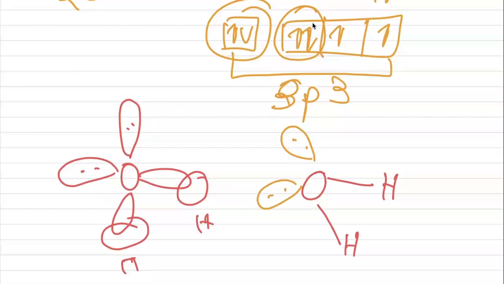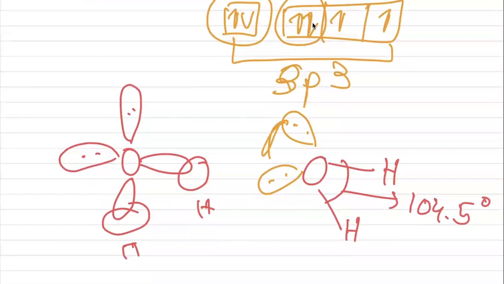And this bond angle becomes 104.5 degrees. Here there is also lone pair repulsion. The lone pair and lone pair repulsion is more than the bond pair repulsion. So that's why the structure becomes distorted. It should form a tetrahedral structure, but because of the presence of these two lone pairs, the structure becomes distorted.